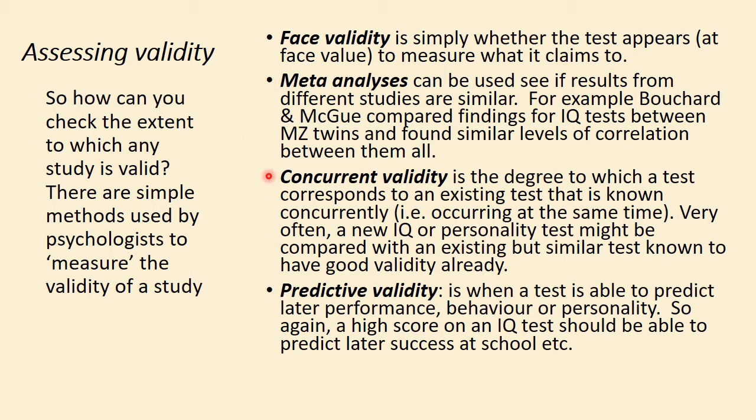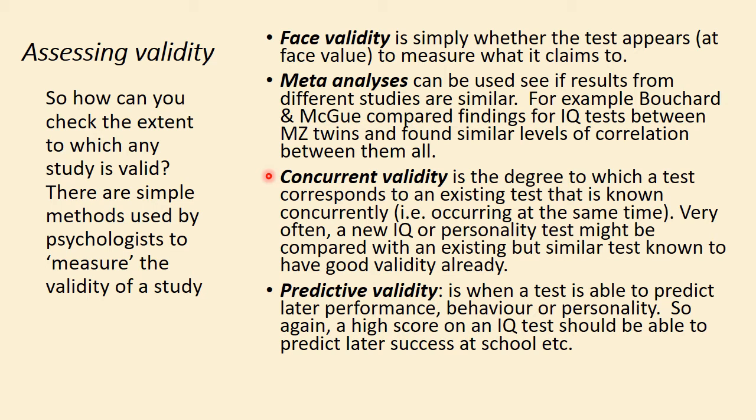When you're dealing with a test, another way of doing it is to use concurrent validity. So, for instance, concurrent means alongside something that currently exists. If you were creating a new IQ test, a new measurement of intelligence, you might use an existing IQ test that we know is valid on somebody, and then the new test.